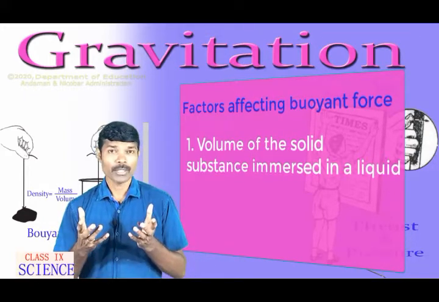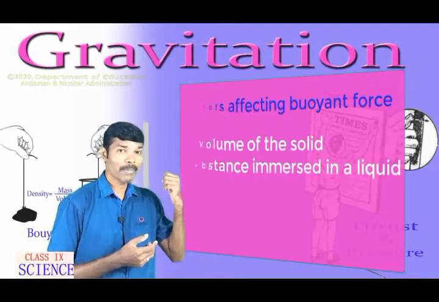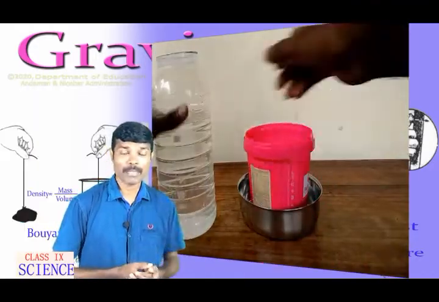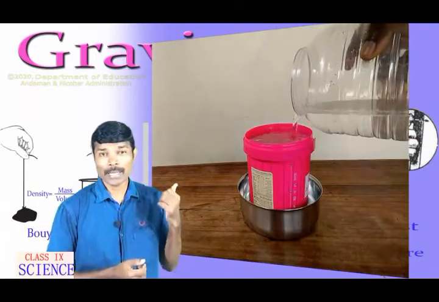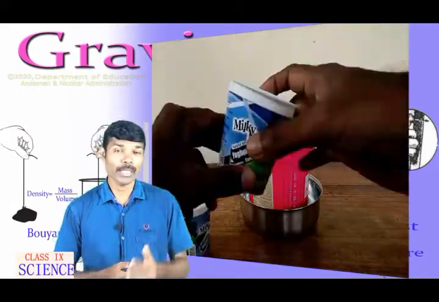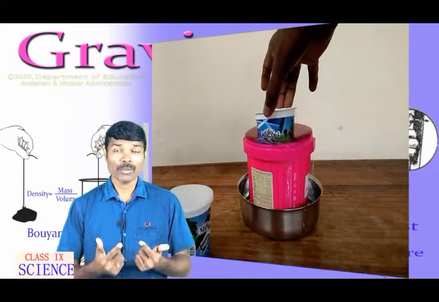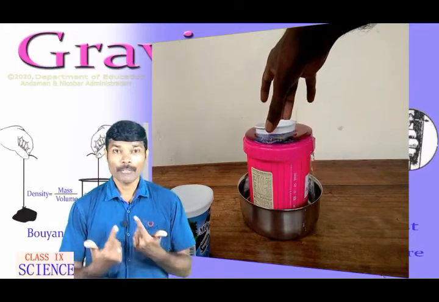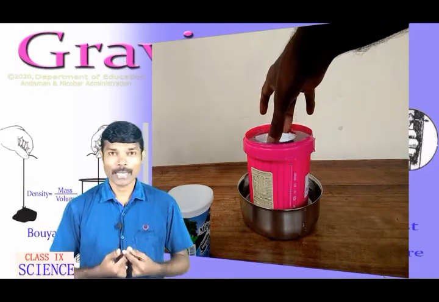We have two bottles. Here I have taken a plastic bottle: one is an empty plastic bottle and another one is the same plastic bottle in which water is filled. If you weigh, both will have different weights, but their volumes are the same, right?